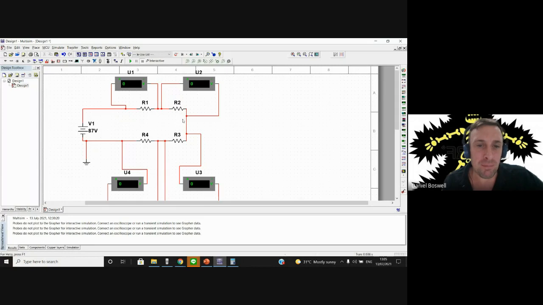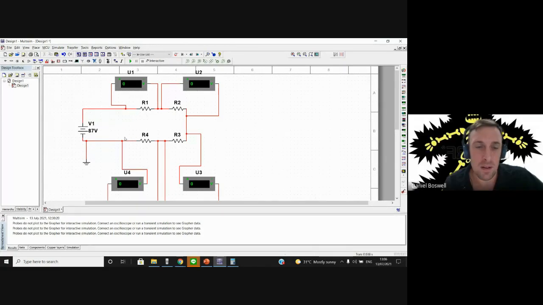So we got an 87 volt supply. So between these resistors, the voltage drops should all add up to 87, right? Does that make sense?